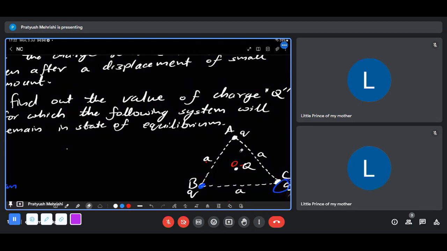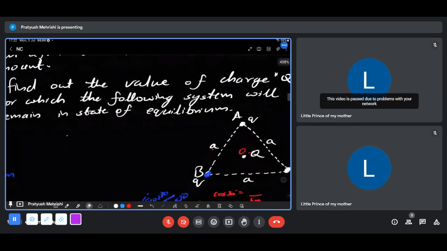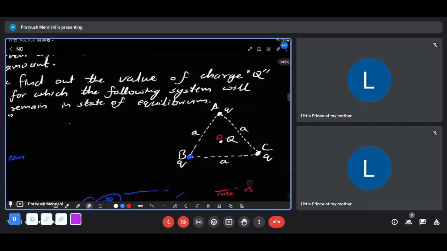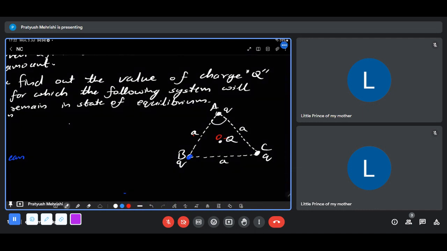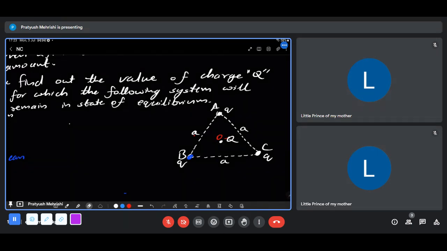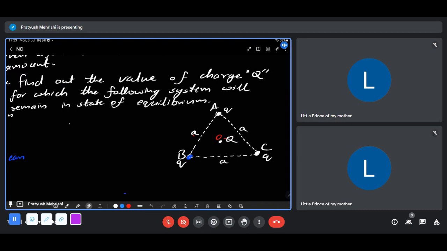Yes, this is an equilateral triangle. In this equilateral triangle, all these angles are 60 degrees. Okay. How can we say that it is an equilateral triangle? Because all the sides have equal length, a. Solve it now. Try to solve.